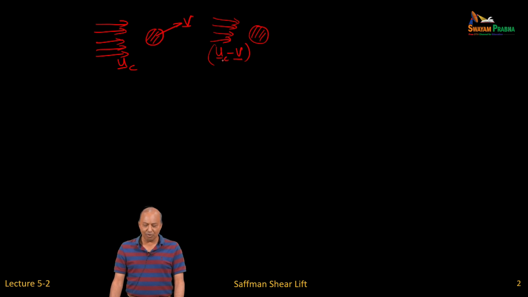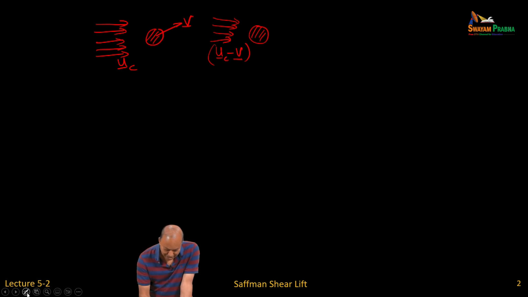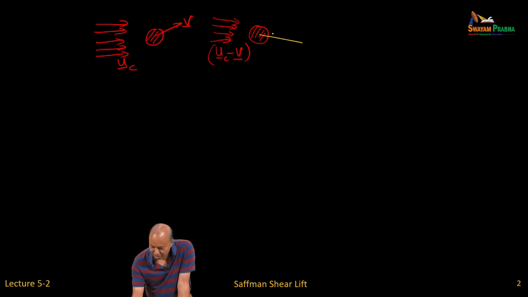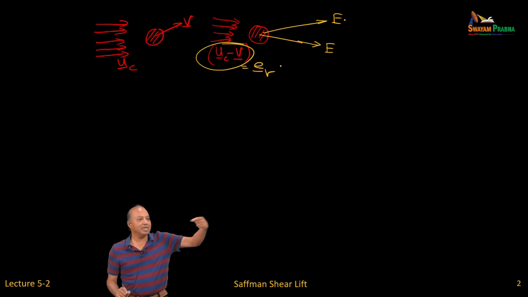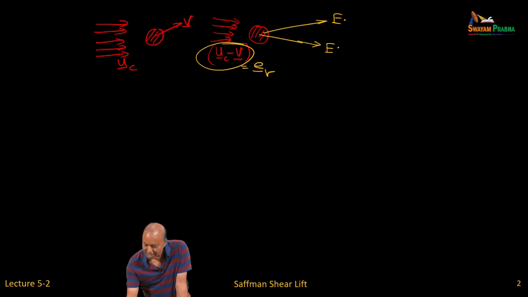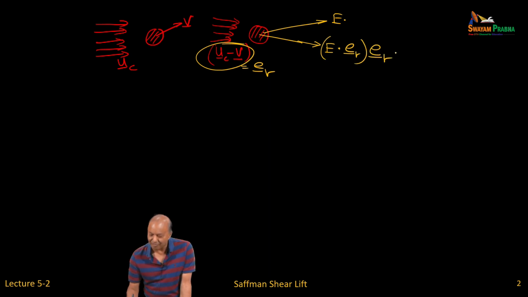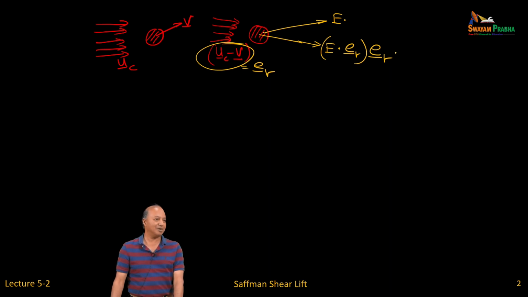Now, drag force is nothing but, if you have a force on the particle, the component of this force in the direction of relative velocity. If I call this direction the unit vector er, er is the unit vector in the direction of relative velocity, then F dot er, the component in the direction of relative velocity, is the definition of drag.